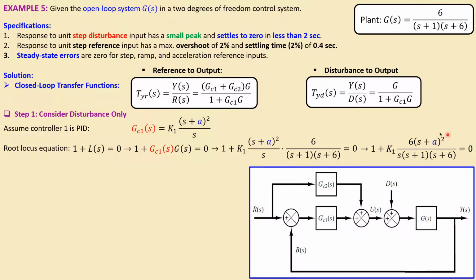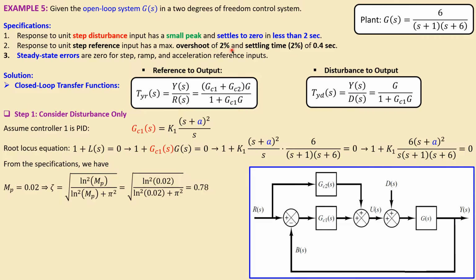And we will later see how we determine the small letter a and also the k1 for the PID controller. From the specification, we know that the overshoot must be 0.02 or 2%, so Mp as a scalar value will be 0.02. Going from here to the damping ratio, you will get this value. This is a formula we have used in many other videos, like root locus design of a controller.